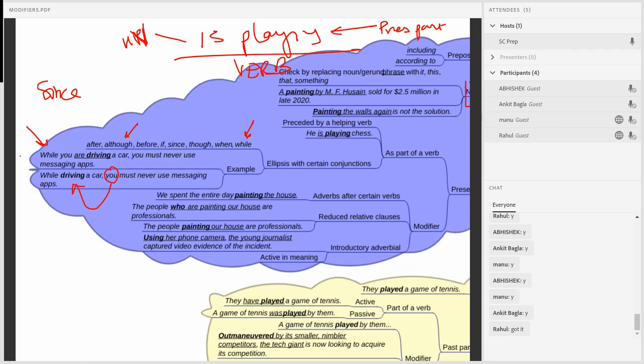Since leaving college, comma, he has started an NGO. Nothing major over here. I just want to check. Does the sentence sound okay? Just put a yes if it sounds okay. Otherwise, just put a no. Since leaving college, he has started an NGO.